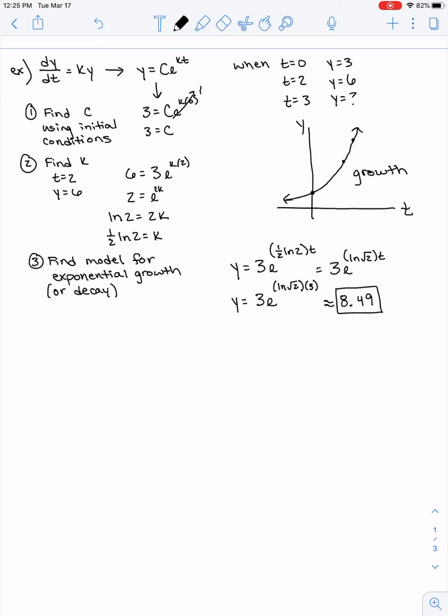This is an example I love to use in class, talking about bacteria growth.